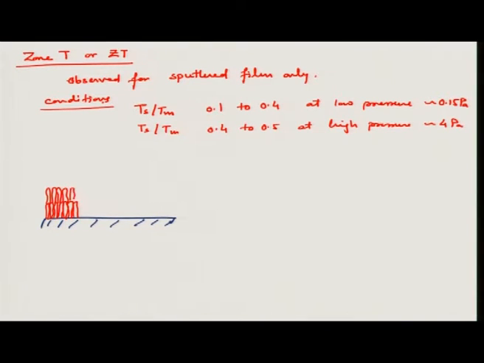The structure of the film is fibrous grains, which means grains are elongated in the direction of growth, and they are thin, small in diameter.